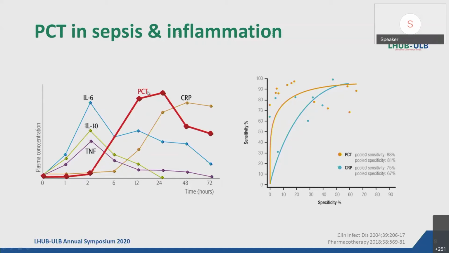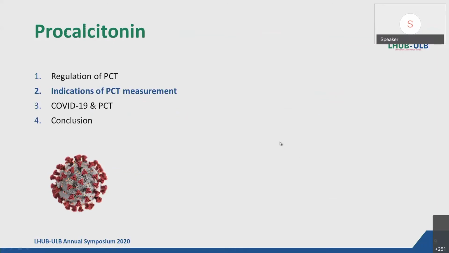Also, the diagnostic performances are better for PCT. For example, for the diagnosis of sepsis, as you can see on the right, the sensitivity and the specificity of PCT is slightly higher than CRP. So what are the main interests of PCT measurements in general?